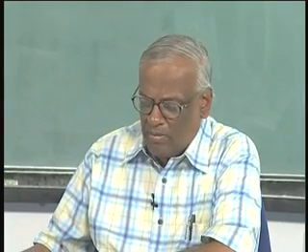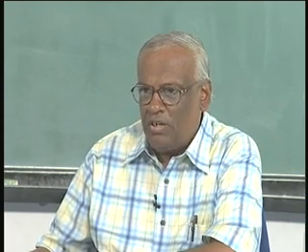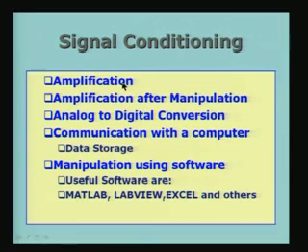One is of course amplification, where the magnitude of the voltage or the current or whatever signal we are getting is too small. We would like to make it bigger by amplification. It may also be amplified after some manipulation, like multiplying by a factor or by taking the logarithm and things like that, what we mentioned earlier. So, some manipulation may also be done.